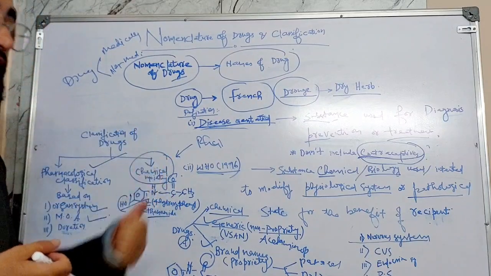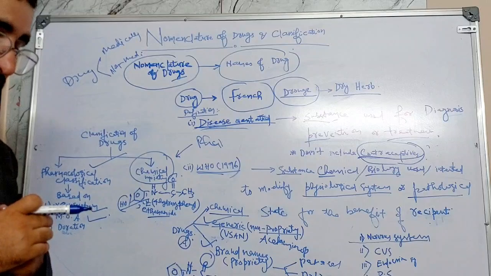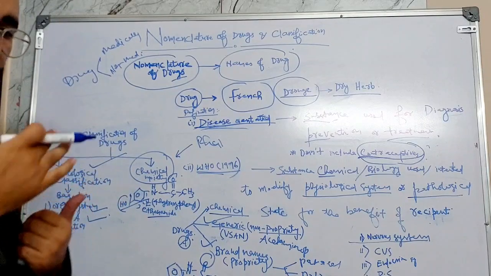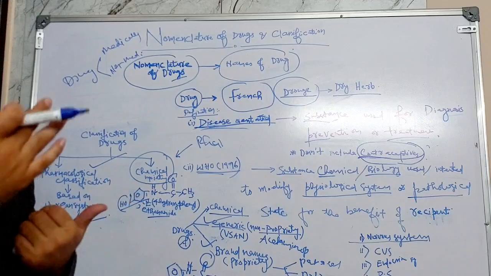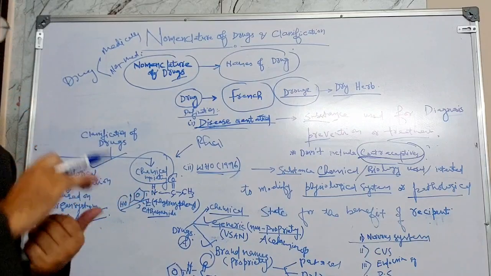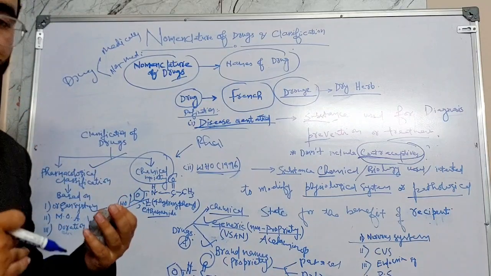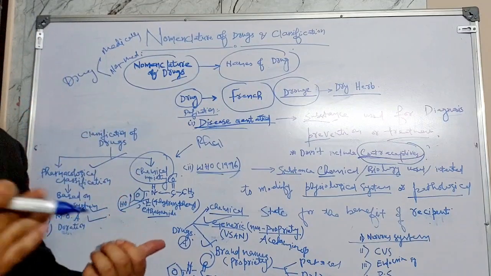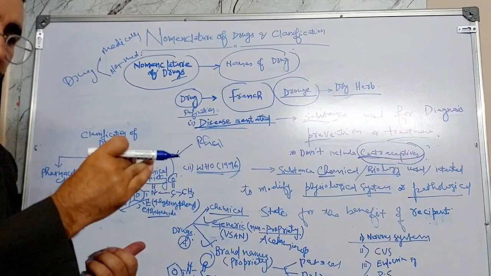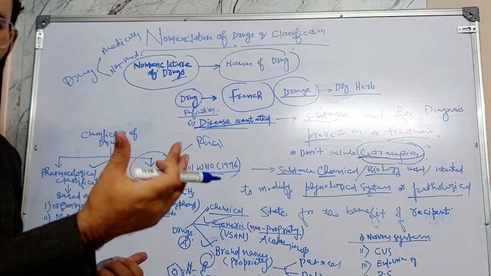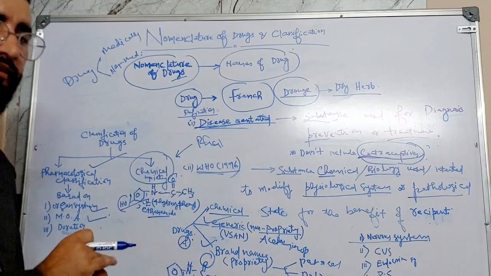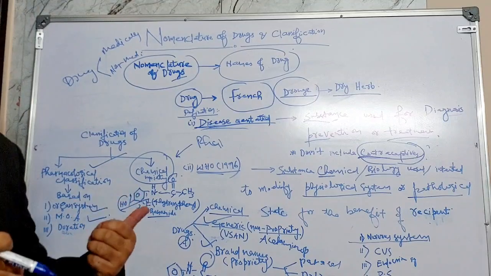For example, if you have a drug which is lipid soluble, you know that a lipid soluble drug can easily cross the blood-brain barrier, so it can be used when treatment is needed inside the brain. For example, antipsychotic drugs, which act on the brain, need to cross the BBB.